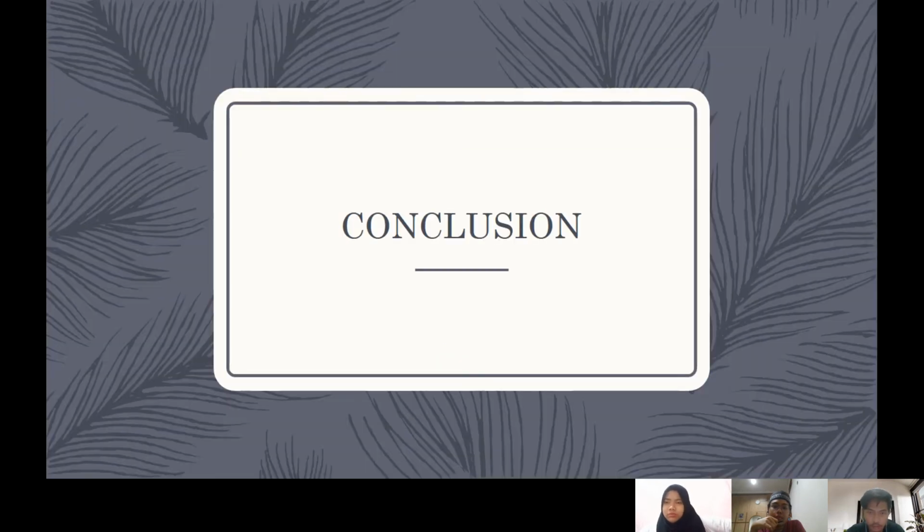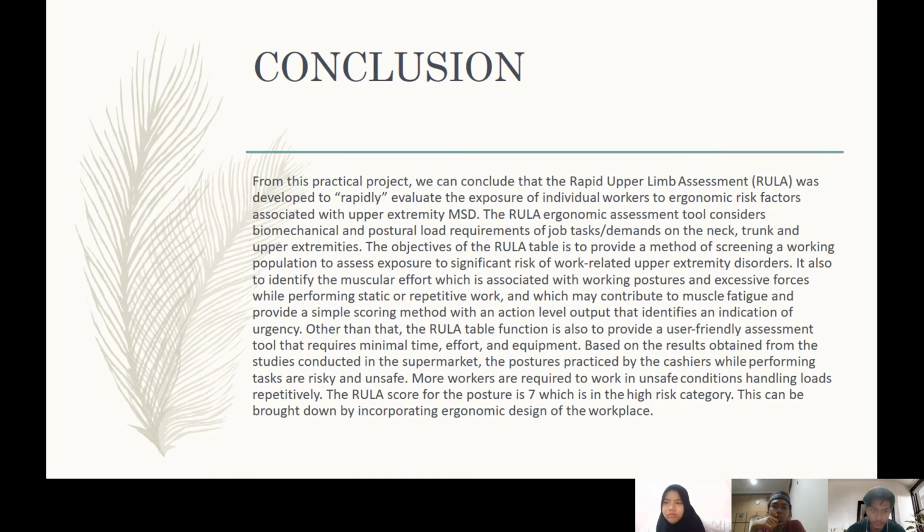So next is the conclusion. From this particular project, we can conclude that the rapid upper limb assessment, also known as the RULER, was developed to rapidly evaluate the exposure of individual workers to ergonomic risk factors associated with upper extremity MSD.